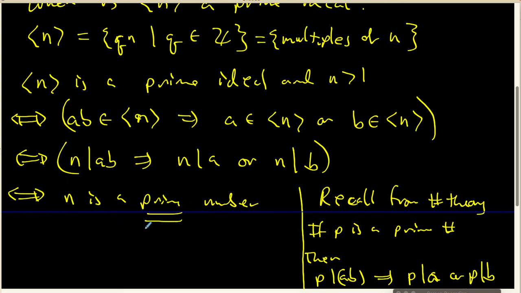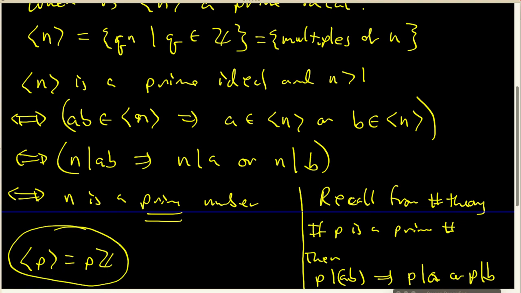And it's this connection why we want to call these ideals prime ideals. They behave the same way the ideals p times Z behave. So that's where the language comes from. And that's enough for this particular video.